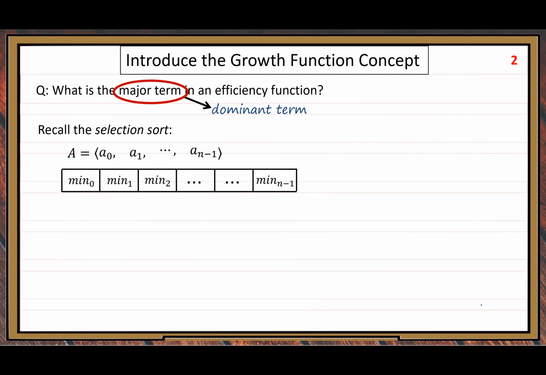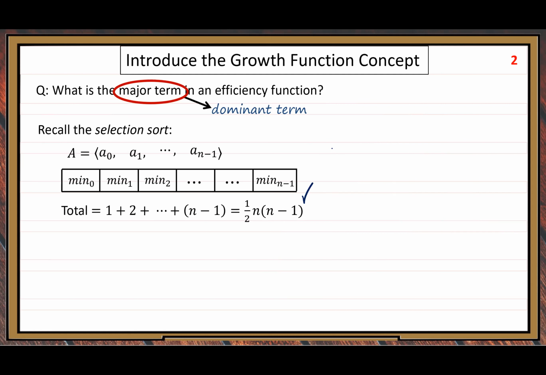An array, and we use the minimum, finding the minimum of an array. That result, we solve it in this way. And we also know the total number of comparisons we need is this expression.